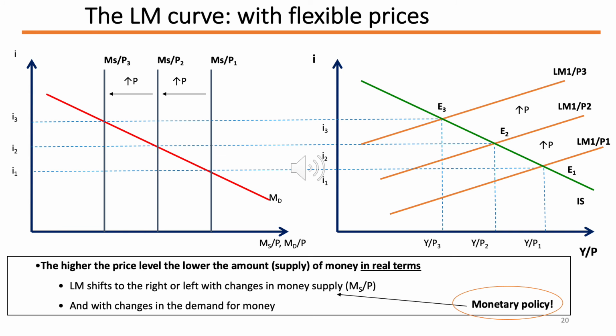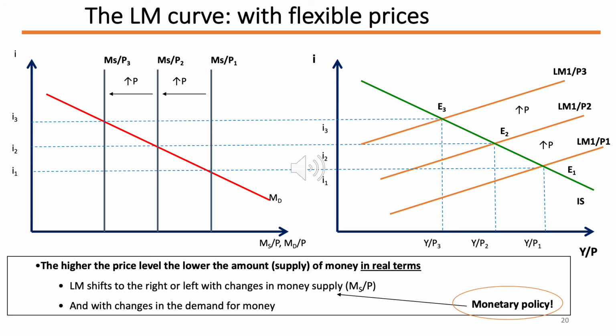The intersection of both will give you the first equilibrium in the economy, capital E1. And that will be the combination of interest rates and level of income in which both the real side of the economy, goods and services, and the monetary side of the economy, the demand for money and the supply of money, are in equilibrium.